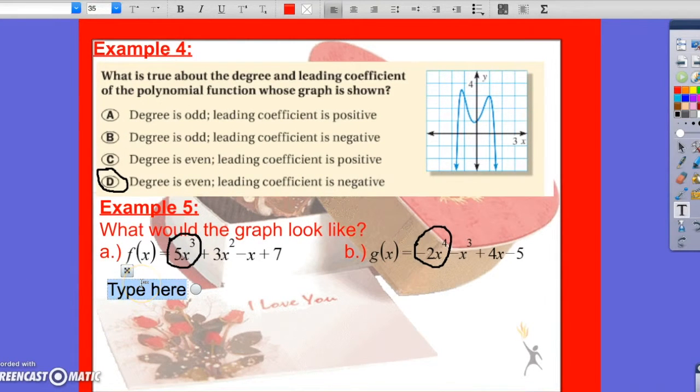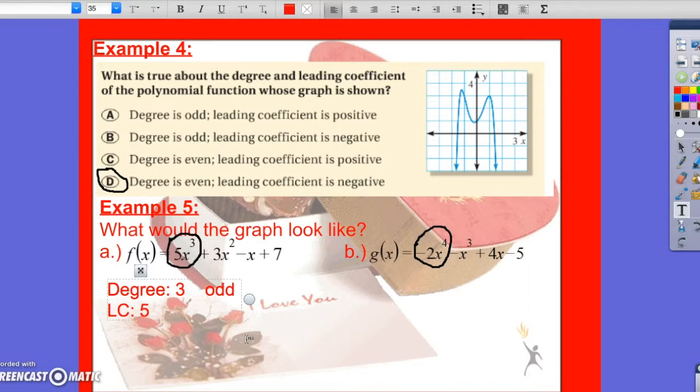So let's talk about that term. There's two things I have to look at. Degree and leading coefficient. You did that in the first half of this lesson. My degree is 3. Now don't forget, besides telling me the number, degree is always, is it odd or is it even? The number 3 is odd, all right? My leading coefficient I know is 5.